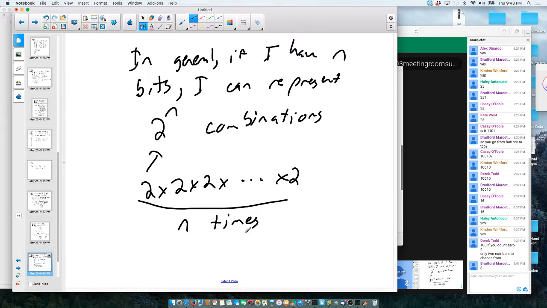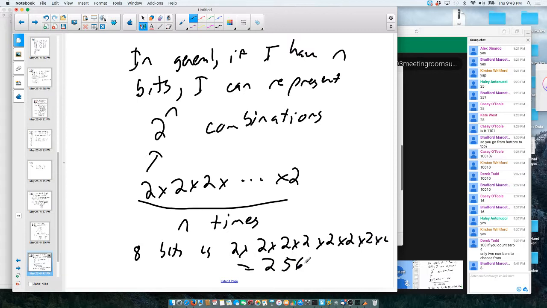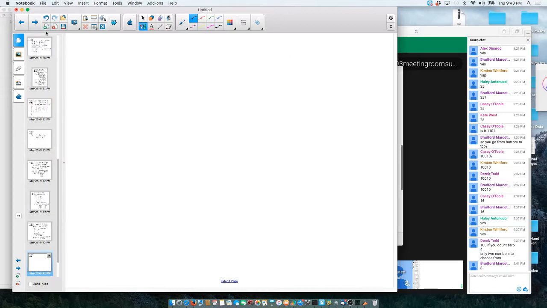Okay, 8 bits is 2 times 2 times 2 times 2, 5, 6, 7, 8. And that turns out to be 256. So there's 256 different combinations in one byte. Okay, so this is kind of the only major mathy formula you're going to need to know all semester.